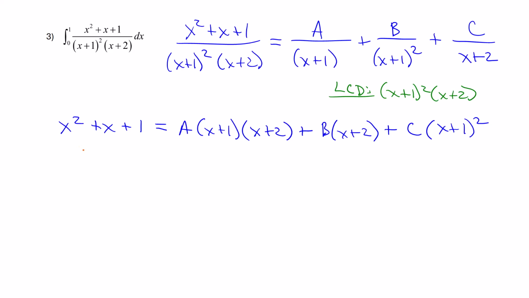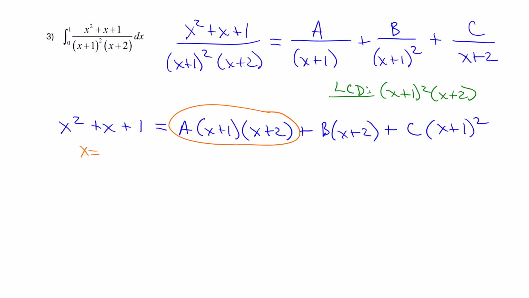If we were to let x equal, I want to pick something that would cancel out a whole bunch of this equation. You'll notice in this first term we had a times x plus 1 times x plus 2. If I pick an x value that will drop that entire term out to 0, but not all of the other terms, then it can be very convenient.